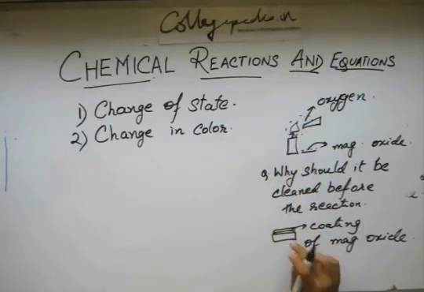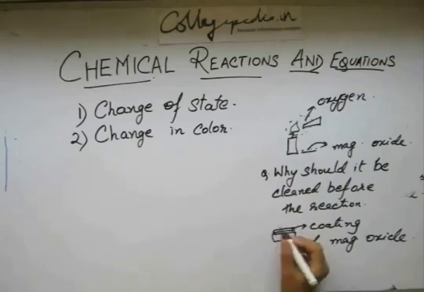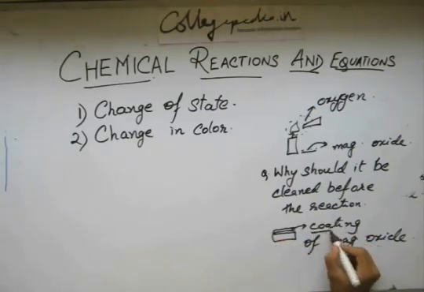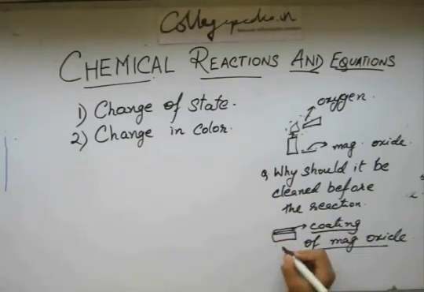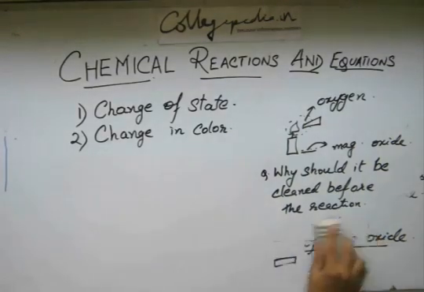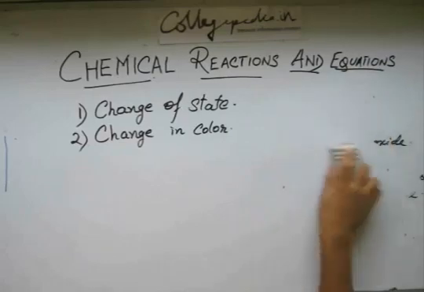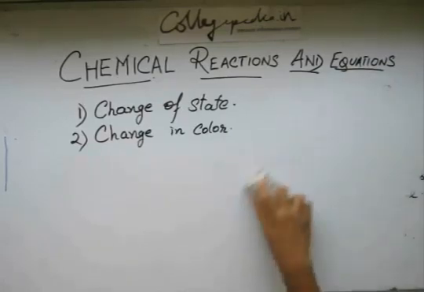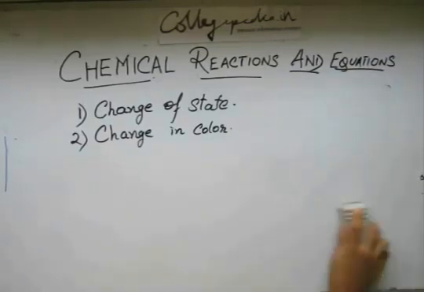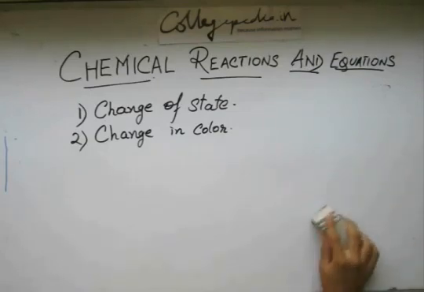That is why you need to rub or clean this wire to remove this coating of magnesium oxide, so that the magnesium can freely react with oxygen. So it's a very common question: why should it be cleaned before the reaction takes place?